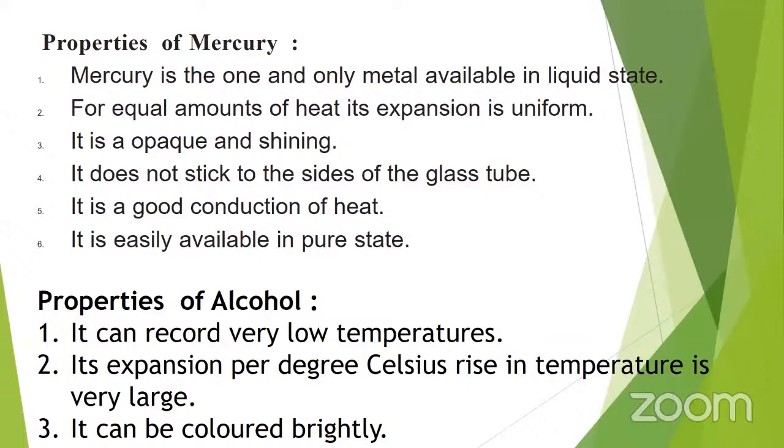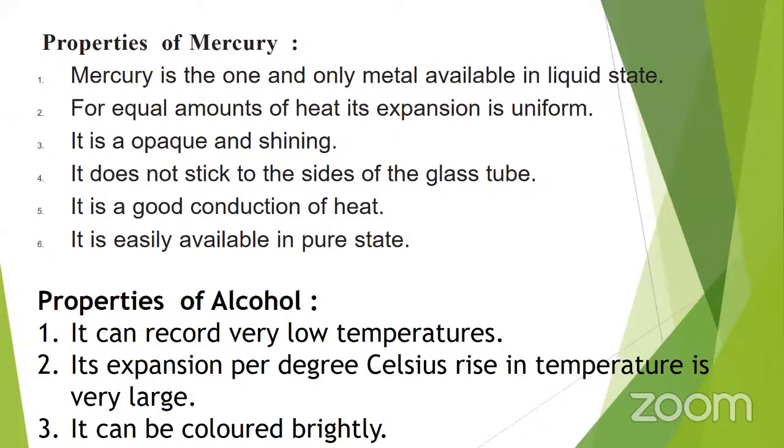Why do we use mercury in thermometers? It has 6 advantages, you see. Mercury is the one and only metal available in liquid state. For equal amounts of heat, it expands uniformly. It is an opaque and shining body.